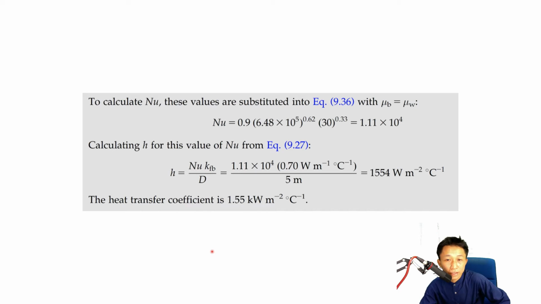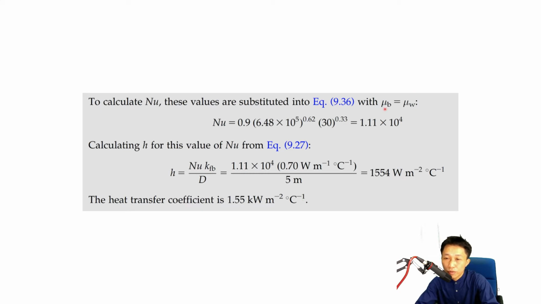And you calculate the Nusselt number, and then from the Nusselt number we calculate the heat transfer coefficient, H, which is 1.55 kilowatt per square meter per degrees Celsius. If you cannot catch up with the calculation, just pause the video and have a look at this equation again.